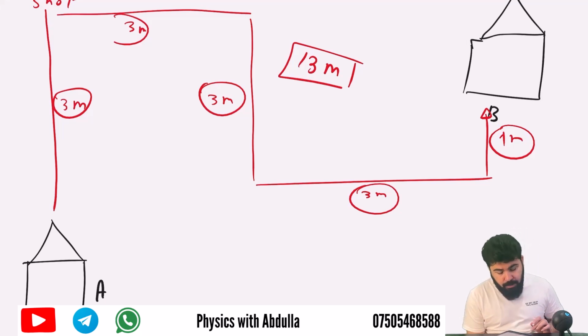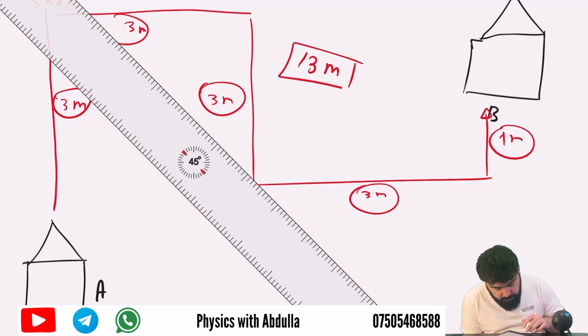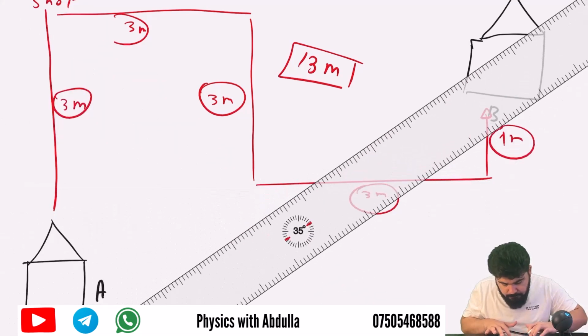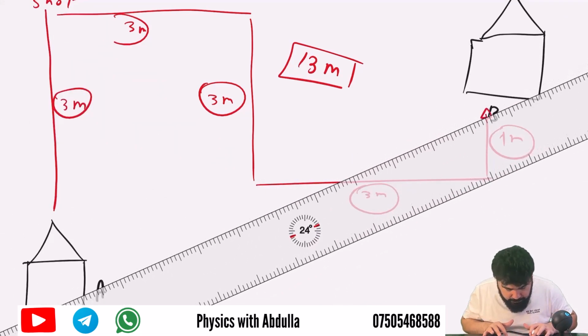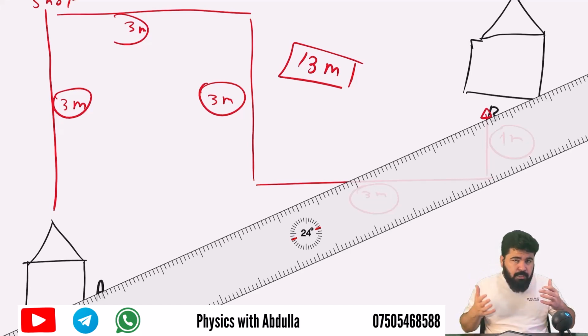Okay, now what about displacement? Displacement, we can say, is the shortest distance between the 2 points. So we make a straight line, okay, and in displacement, we can also say it's a straight line between 2 points.